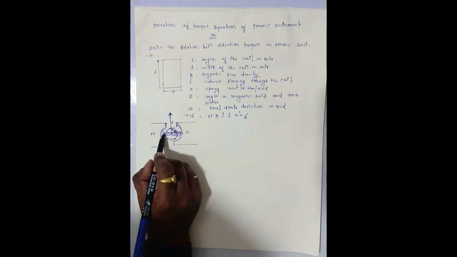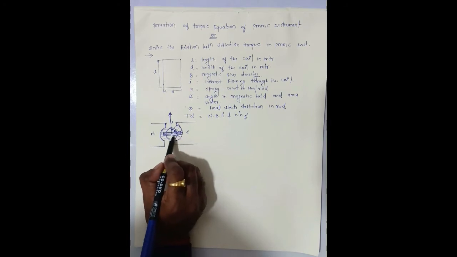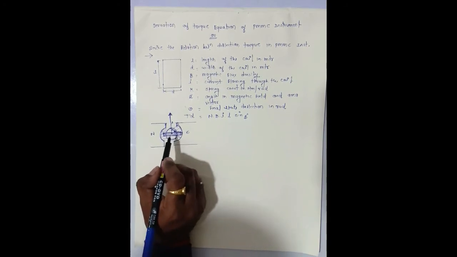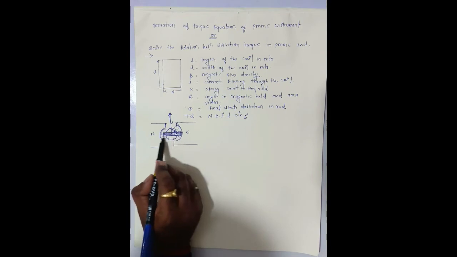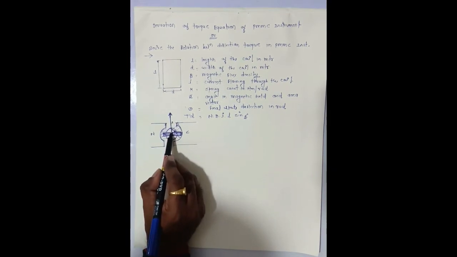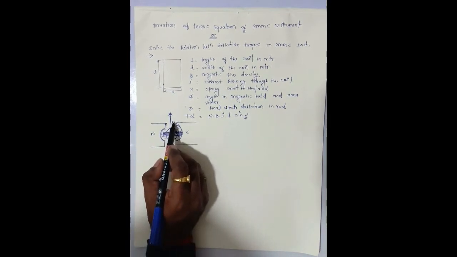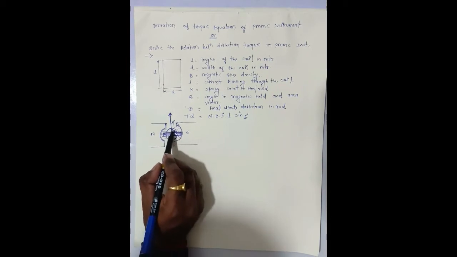Because of the radial magnetic field, the angle between the magnetic field and the area vector is always 90 degrees.